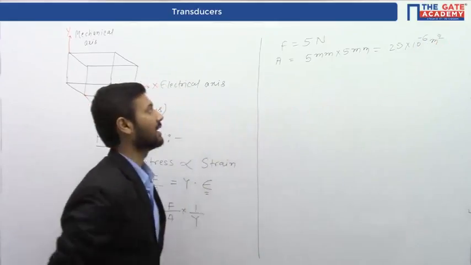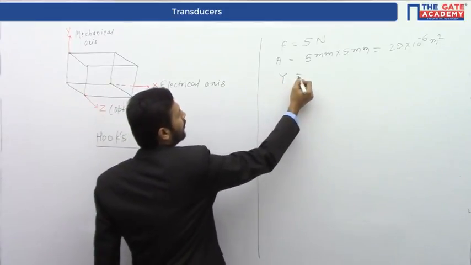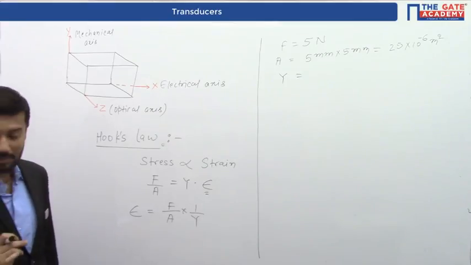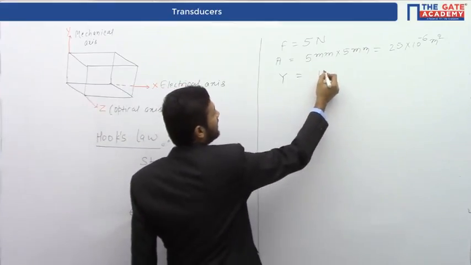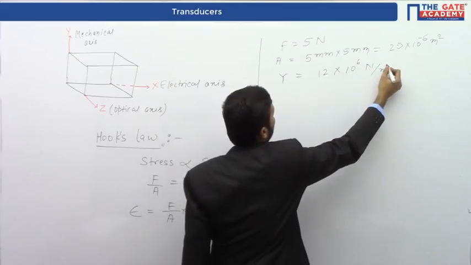And the modulus of elasticity of barium titanate is given as 12 into 10 to the power 6 Newton per meter square.